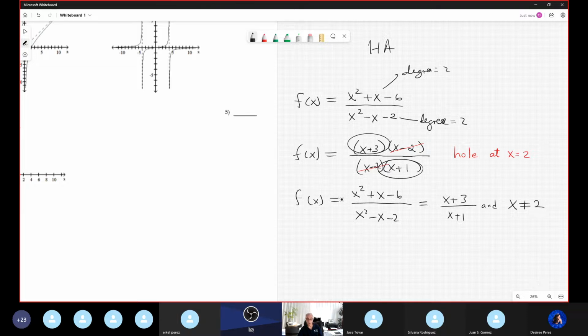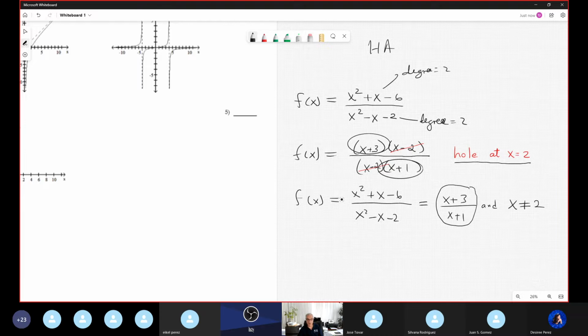In this case, at 2 it is not undefined in the new one. It's the only difference. 99% of the time, we can use this expression. The only restriction is at 2. Because I know very well at 2 we have a hole. On that part, I don't know why some students don't understand very well. Do you understand? Yes. Cool.